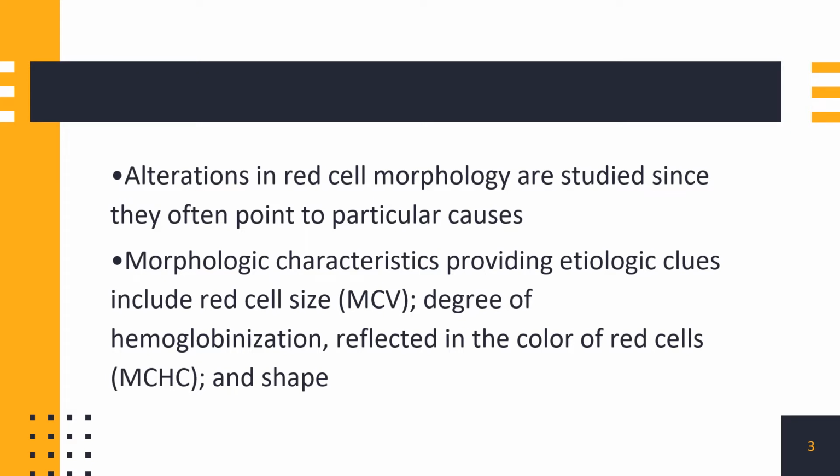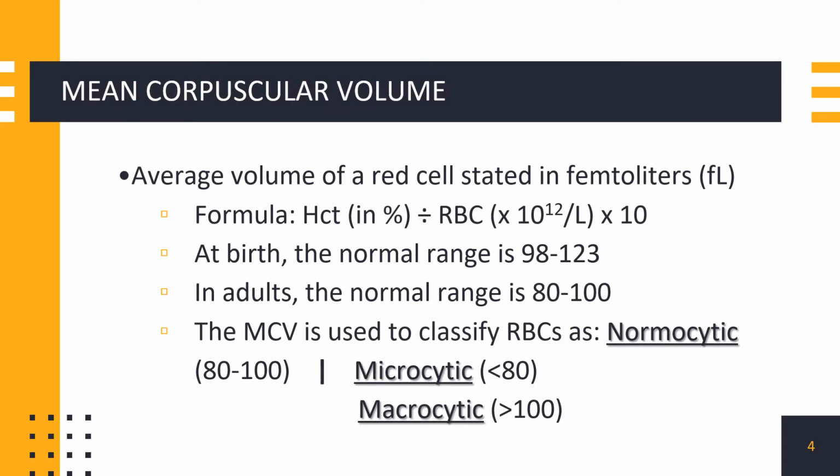The RBC indices utilize the results of the erythrocyte count, the hematocrit, and hemoglobin to calculate 4 blood parameters. I'm going to start with the mean corpuscular volume, or the MCV.